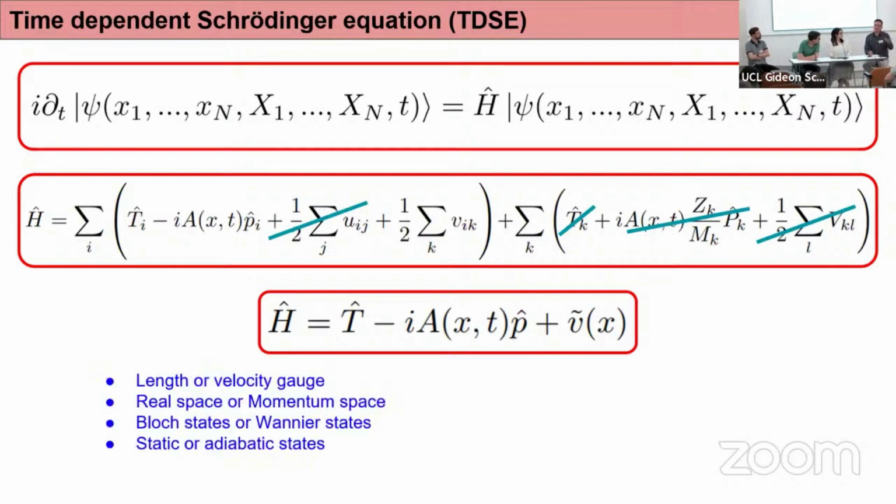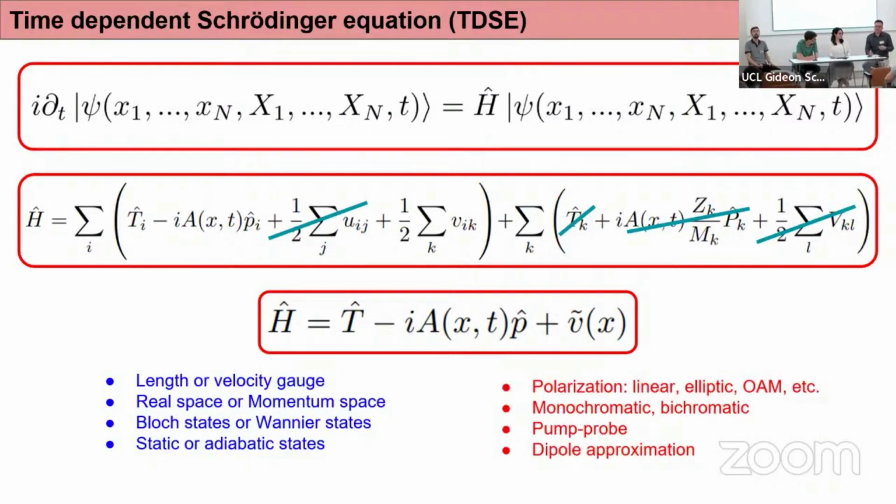And there are some other ingredients that you need to consider when solving either the TDSE or the other methods. You need to choose the gauge in which you are working. You can work either in real or momentum space, as Shambhu mentioned earlier. Also, when you expand in the basis of states, you can choose either a Bloch or a Wannier basis, or both, or static or adiabatic states.